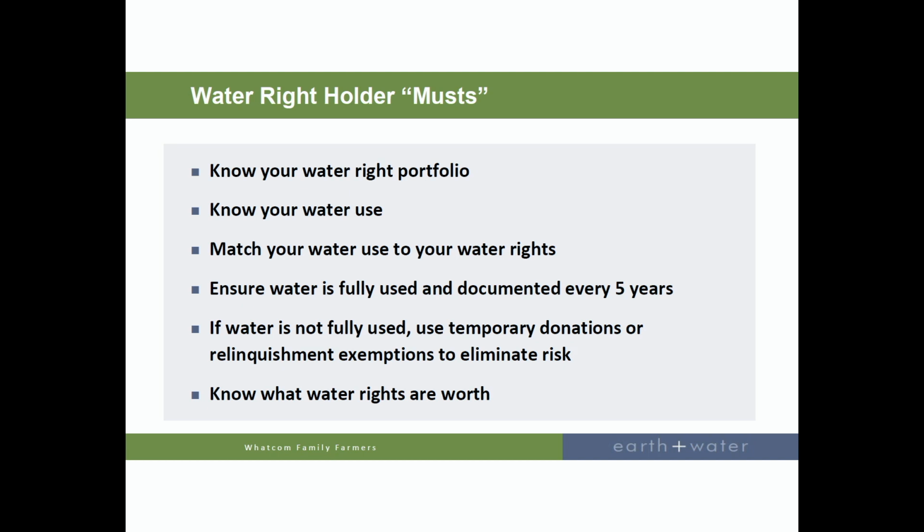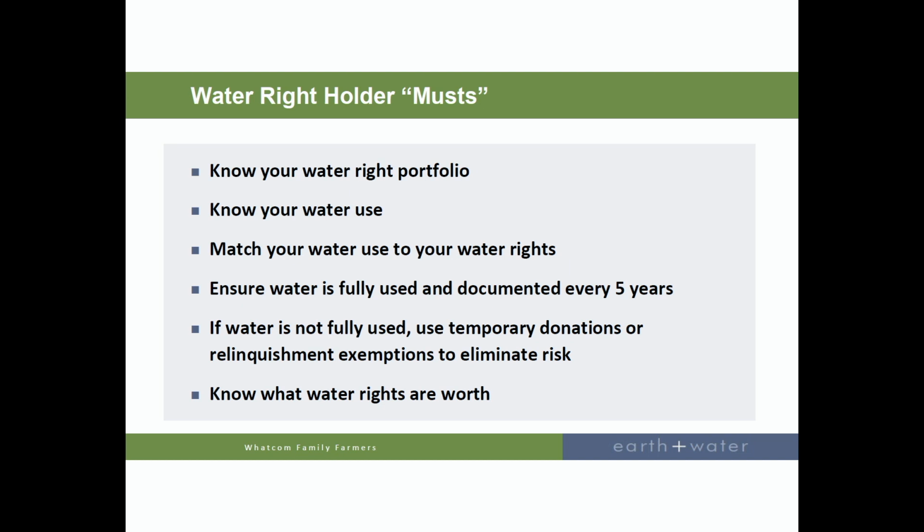If you have a certain authorization and you didn't need to use it for certain reasons, sometimes that stops that clock from ticking. Knowing what those are is especially important if you do have a period where nobody was using water for over 5 years. And then there are other ways to protect your water rights. So, just a couple thoughts.